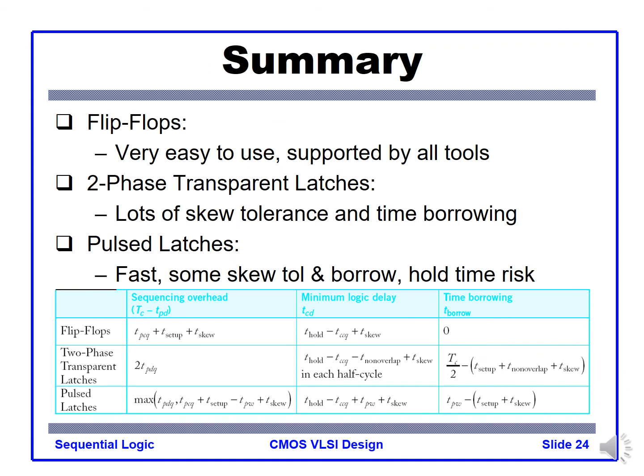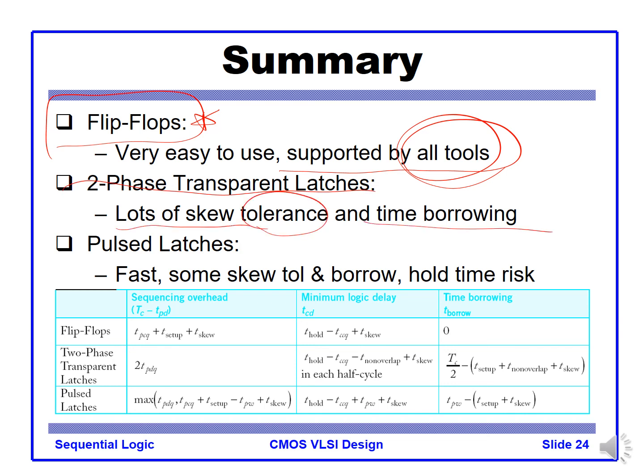This is the summary of this chapter. The flip-flop based system is very easy to use and supported by all the tools. So this is the golden standard that we rely on and design based on. In the two-phase transparent latch, you can have a lot of skew tolerance and also time borrowing, but most CAD tools cannot easily handle that timing because the timing check is very complicated.